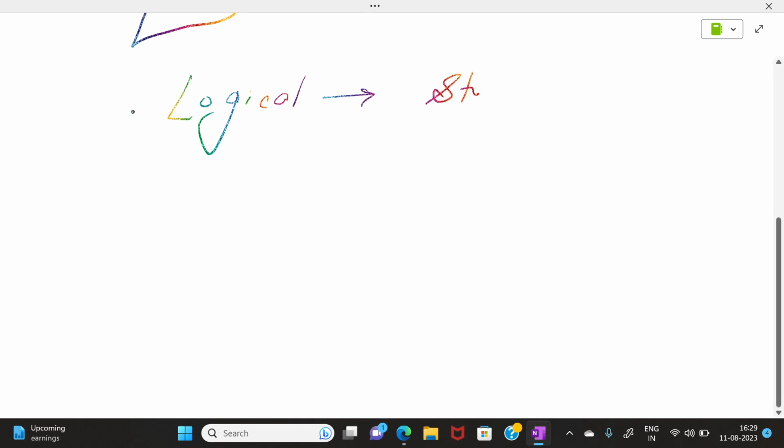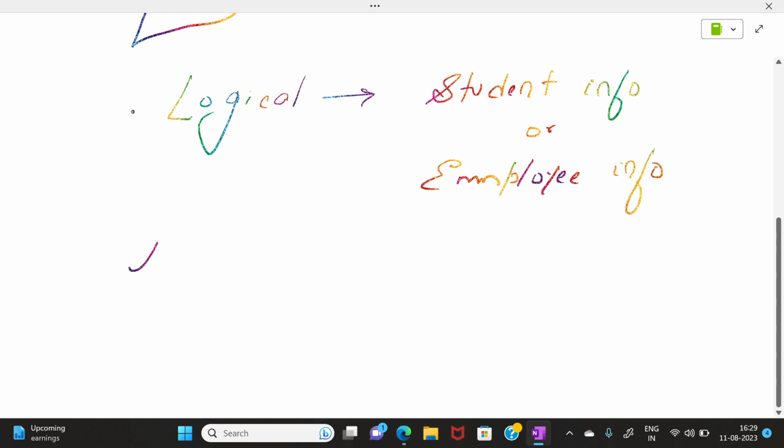Now, what is this logical and what is this mathematical representation? So logical means, for example, we have student information and then we have employee information. Okay, so all these are kind of logical information data. Similar way, we have the mathematical.